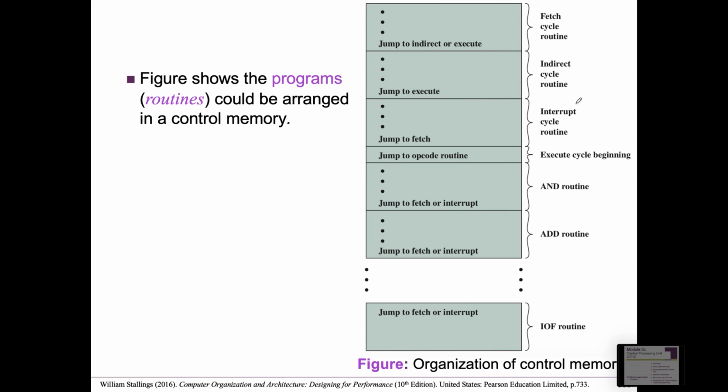This figure shows that the program routines could be arranged in a control memory. So you have the fetch, indirect, interrupt, execute, and then you have the processes of AND, add, and so on.